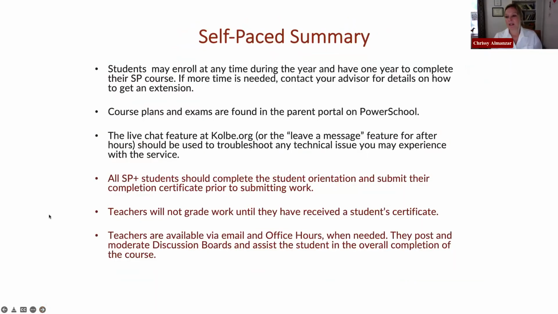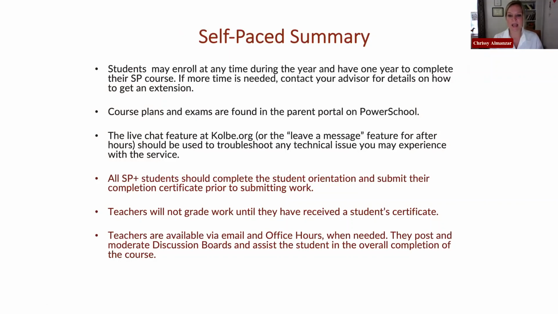So just to summarize self-paced and self-paced plus, students can enroll at any time during the year, but they have a year from the time that they begin the course to finish it. And if they need an extension, you can contact your advisor and they can arrange for that. The course plans and exams are found in the parent portal on PowerSchool.